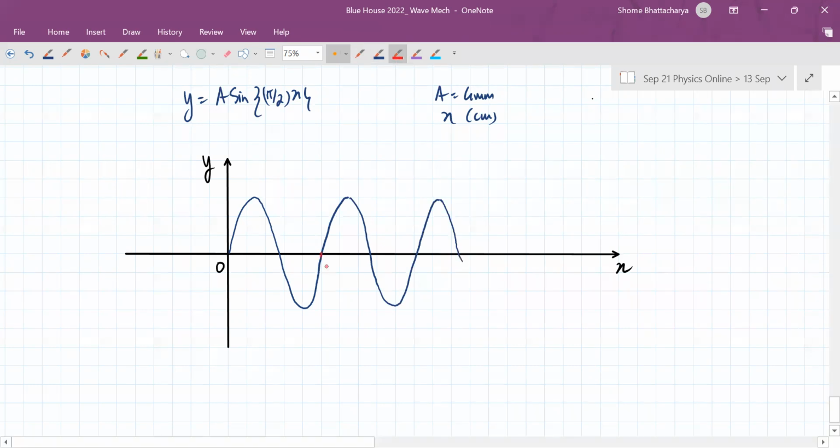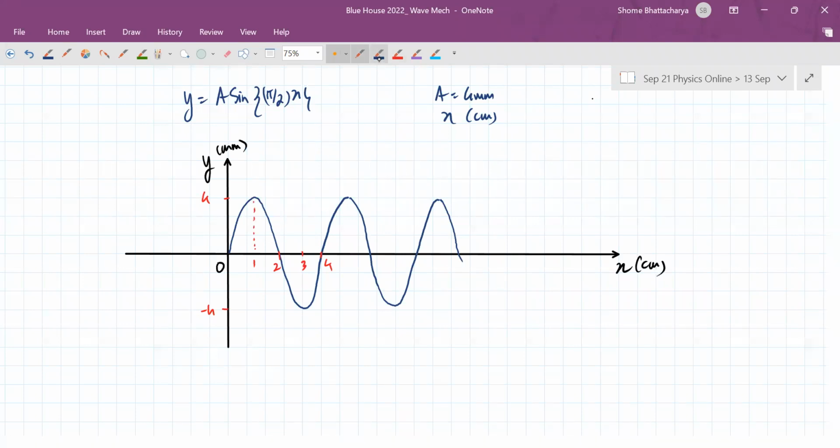This point here will be 4, this will be 2, and it reaches the maxima at 1. So this thing is then repeated. This maxima here is 4 millimeters, this minima is minus 4 millimeters. So y is in millimeters, x is in centimeters.